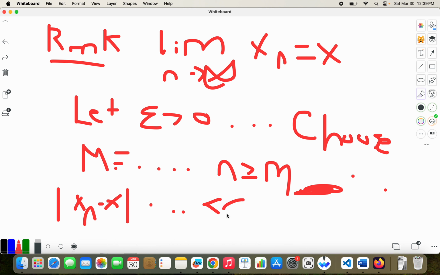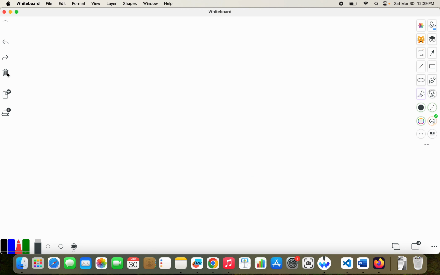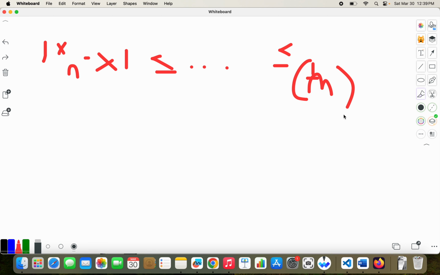Which is at some point less than epsilon. So now how do you come up with the m? You have to find something involving m, so you just have to get some inequality involving m, sometimes we use 1 over m, which is less than epsilon.